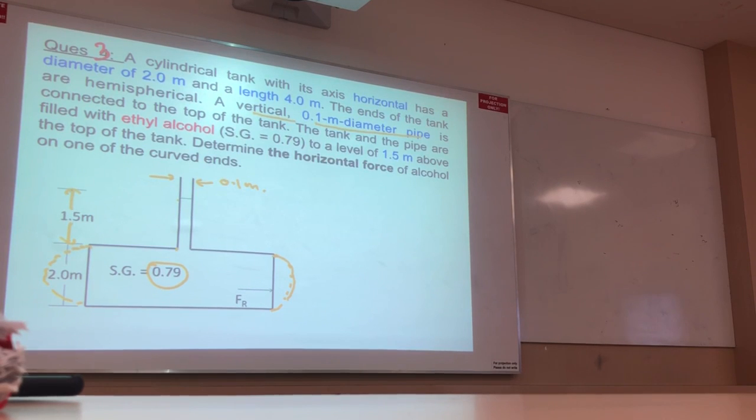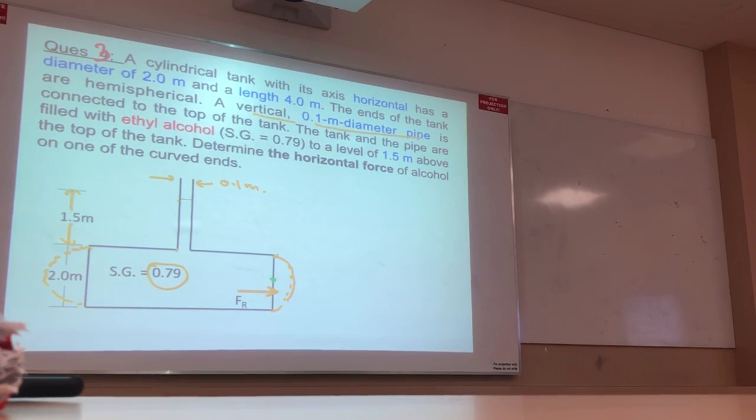Then you have to find the hydrostatic force. Hydrostatic force is found at the center of pressure. So, what is the center of gravity? Center of gravity is somewhere here, right? And this distance I know. From here to here, tell me the distance.